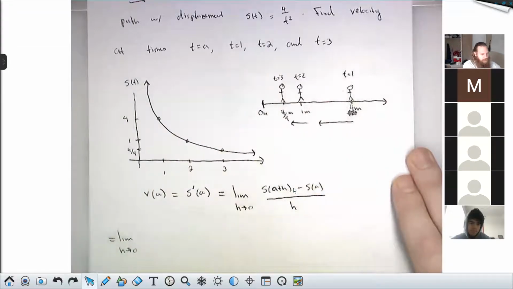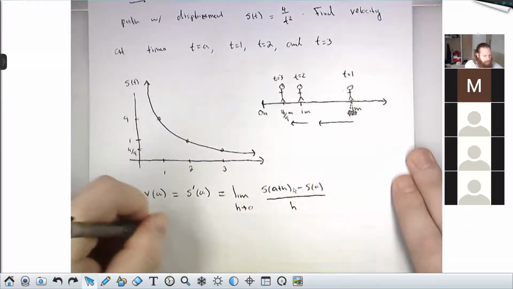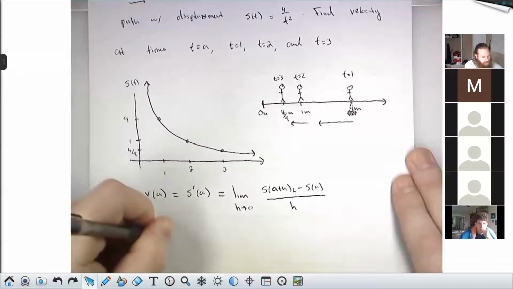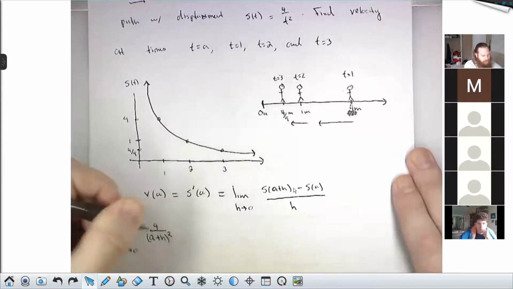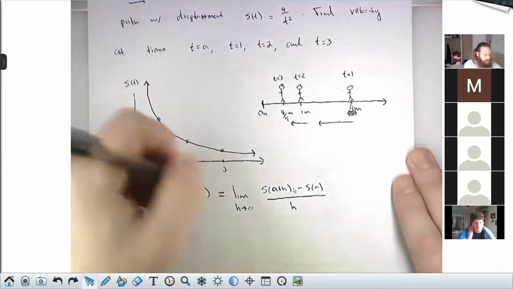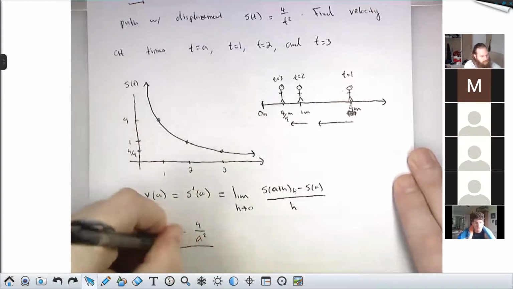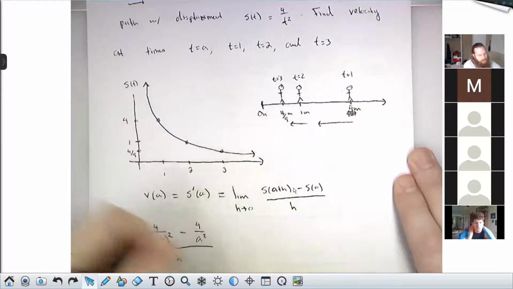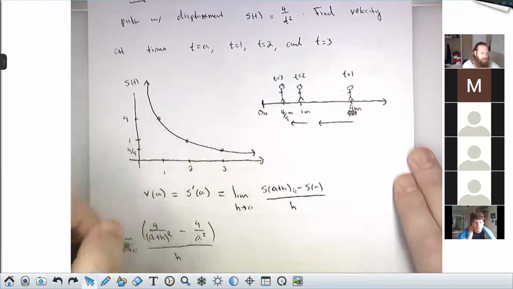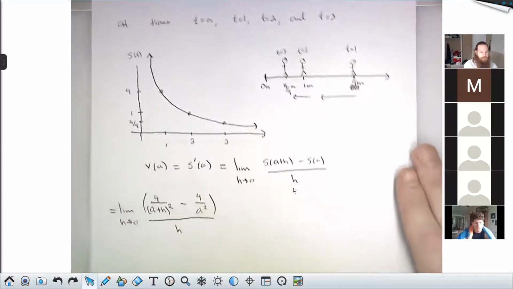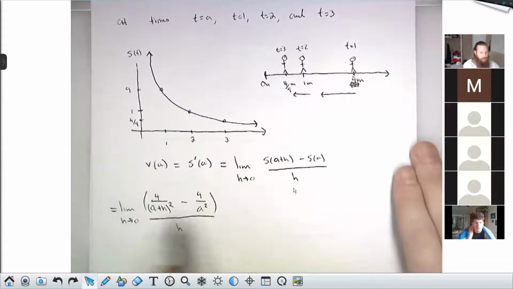So s of a plus h is going to be 4 over (a plus h) quantity squared minus s of a, which is 4 over a squared, and all of this is divided by h. We need to have a common denominator between the two fractions upstairs.